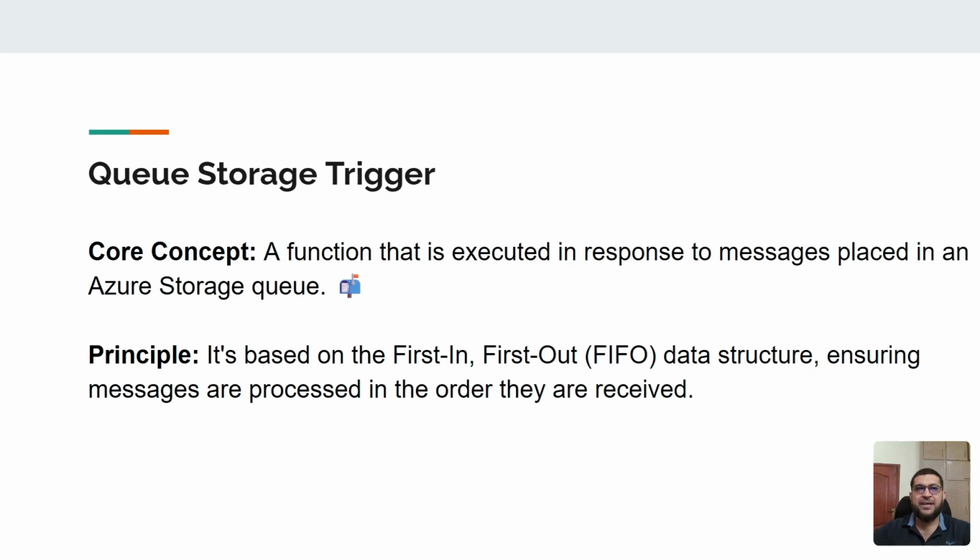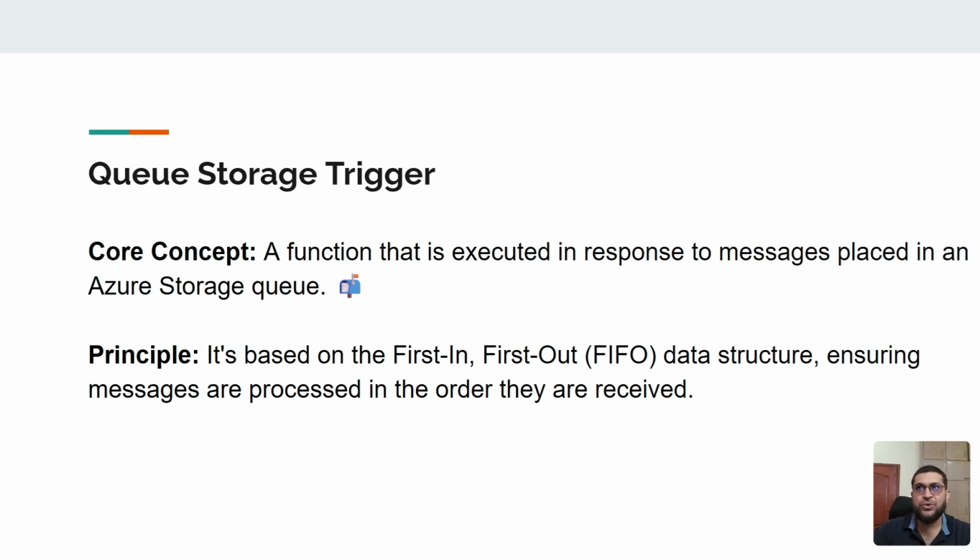Now we'll see the queue storage trigger, a function that is executed in response to a message placed in Azure Queue Storage. When any new message is added to the queue, it will trigger. This is the basic of the queue storage trigger, and it works on the FIFO principle, first in, first out, and it ensures messages are processed in the order they are received.